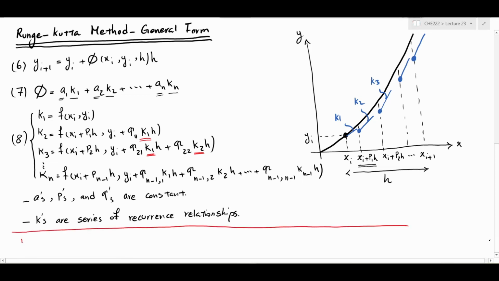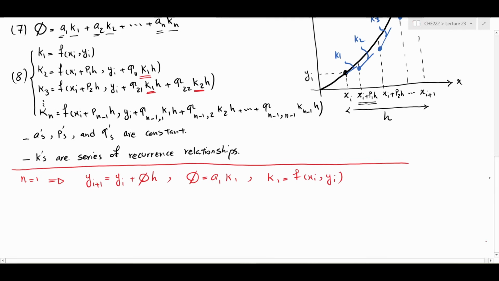If I choose n equal to 1, then I will have, so I just substitute the value of k1 into phi and the value of phi into yi plus 1, and then it gives me yi plus 1 is equal to.